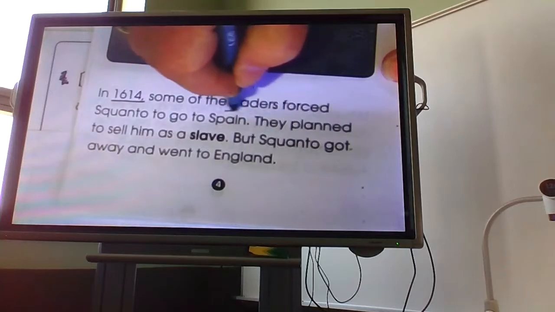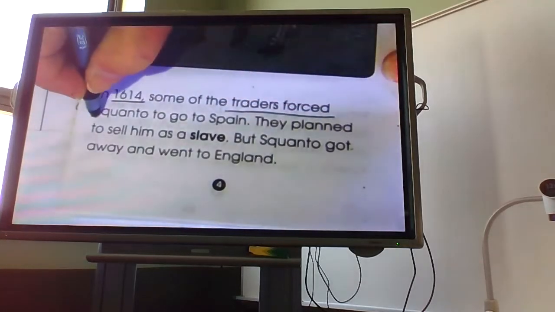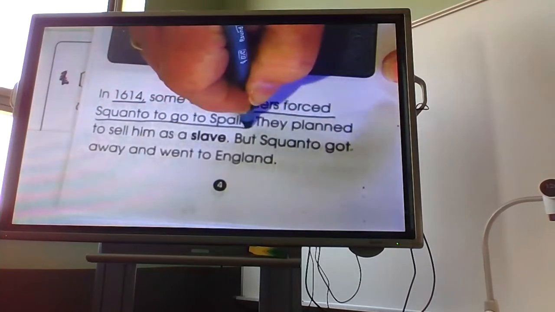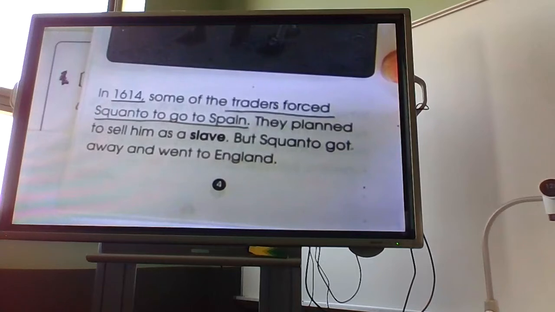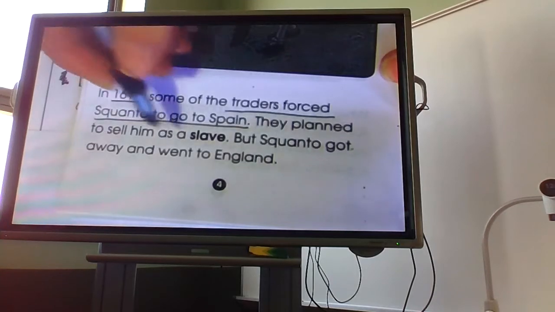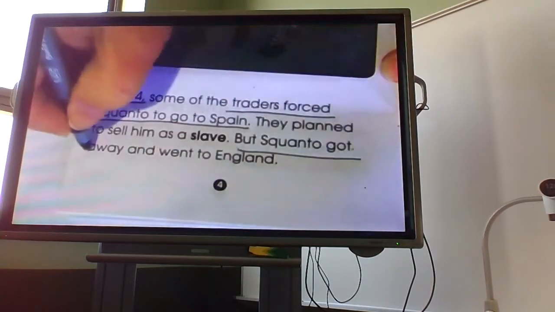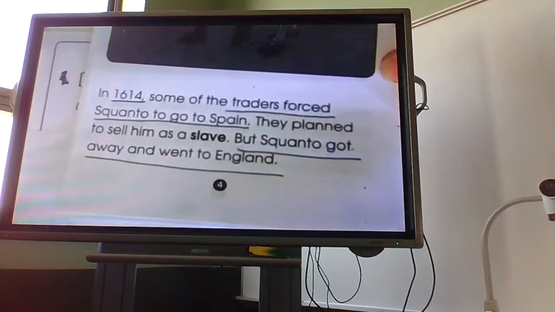The traders forced Squanto to go to Spain. They were going to keep him as a slave, make him work there. But he got away and went to England. So that's what happened next in his life.